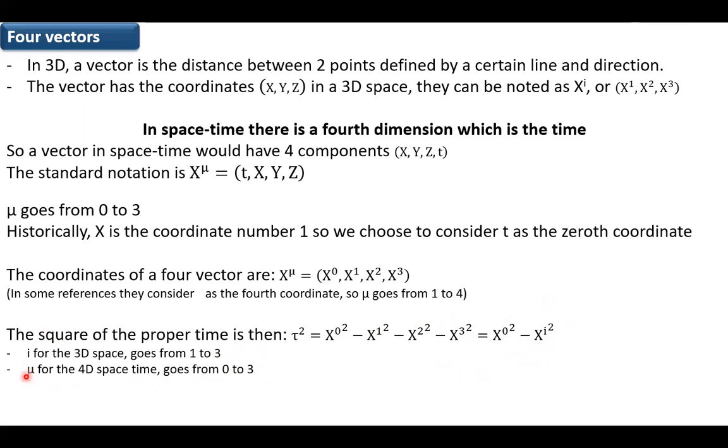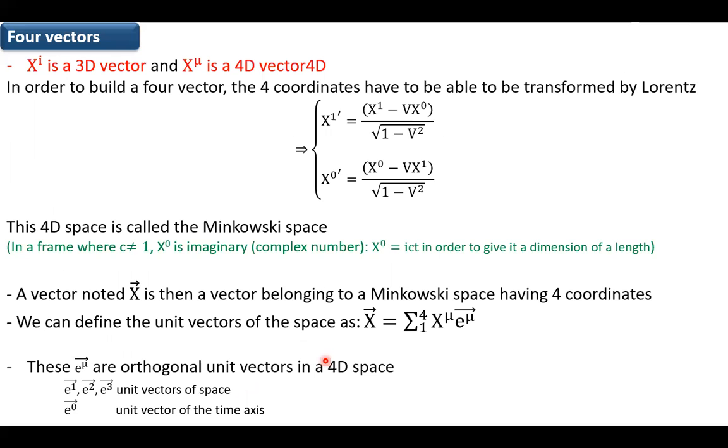And when you see mu, it means that you are working in space-time in a 4D space, and you are using 0, 1, 2, 3, so 4 coordinates of space-time. So x^i is the 3D vector, and x^mu is the 4D vector, a 4 vector in a 4-dimensional space.